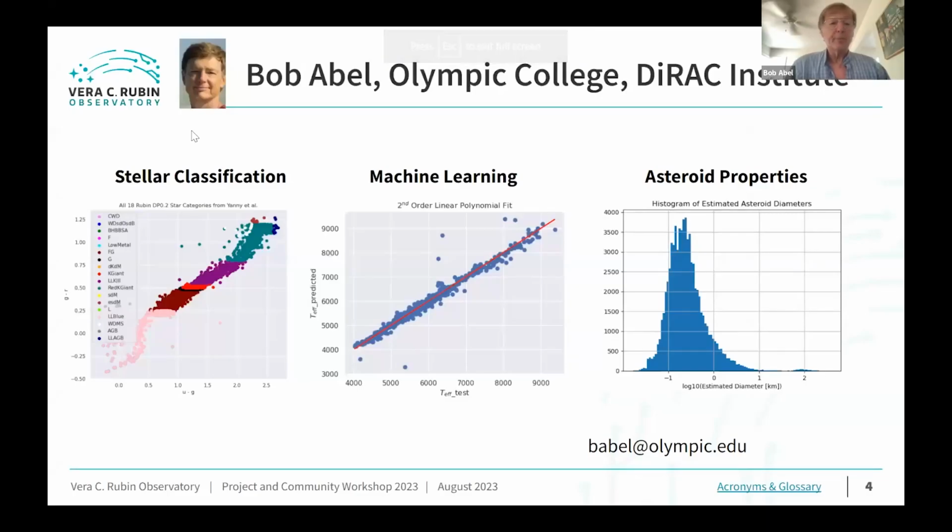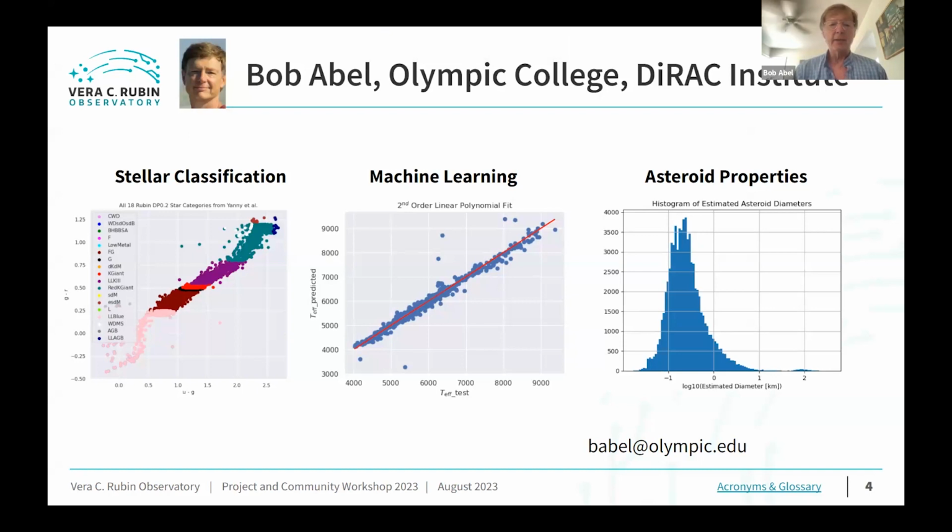Okay, so one of the things I did just playing around with DP0.2 was I looked at stellar classification. I used Ivezić et al.'s paper working with Sloan Digital Sky Survey data, and this right here is certainly DP0.2 data, but it looks very much like the Sloan data.